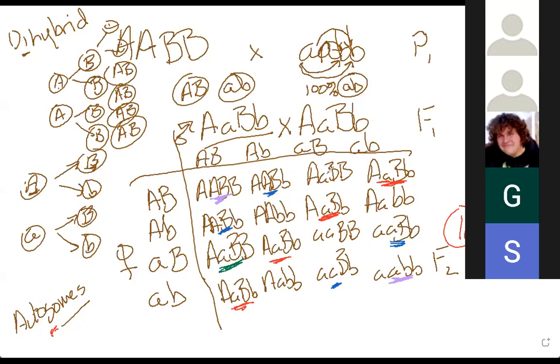Heterozygous A, homozygous capital B, heterozygous A, homozygous small b. See if I can get one more color here. Homozygous capital A, homozygous small b, homozygous small a, homozygous capital B.